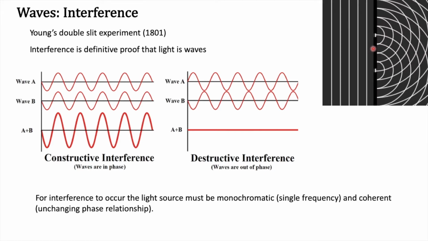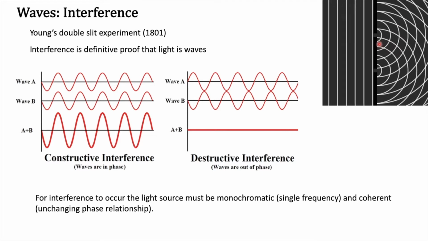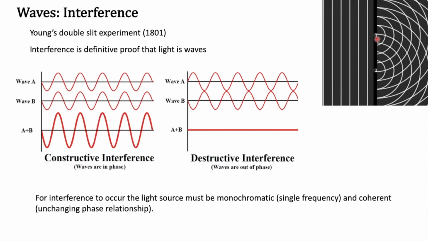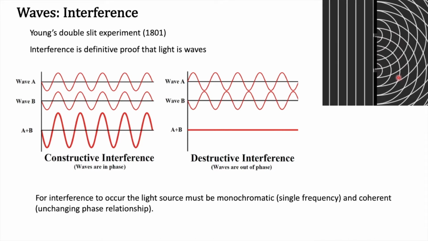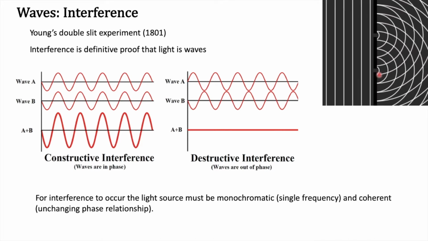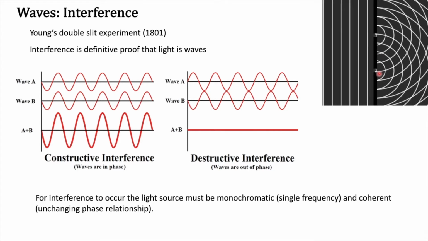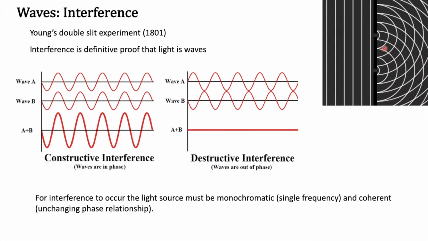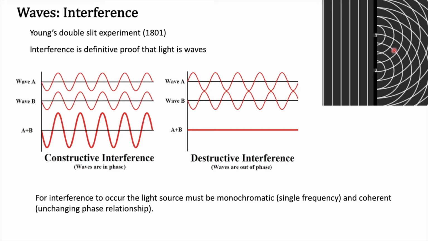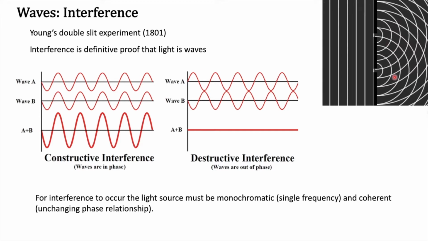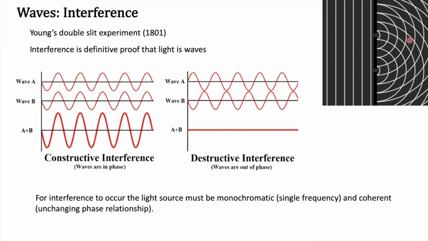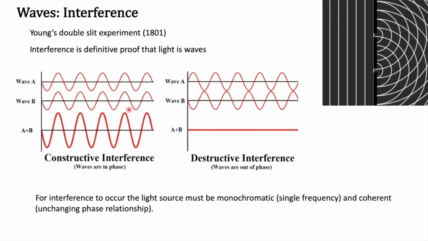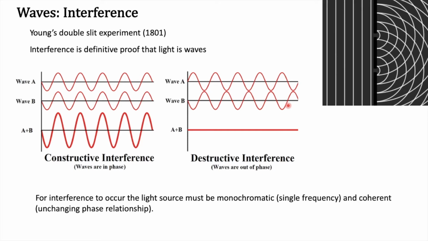So these little circles here, as you see, increase in diameter. One half circle expands downward, and at the bottom, the other half circle expands upward, and these two circles intersect. That intersection point can be either constructive or destructive interference.